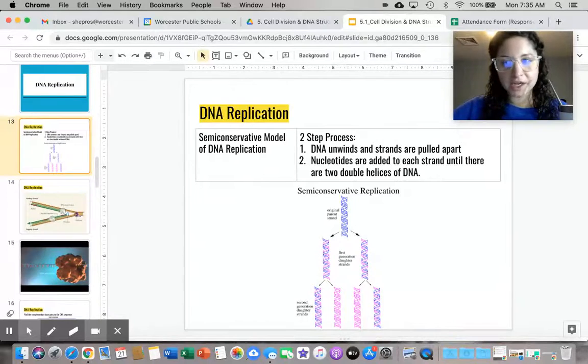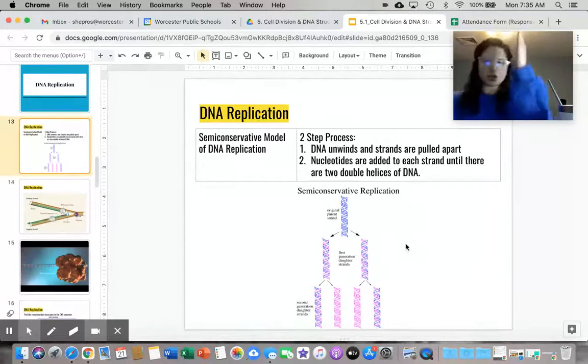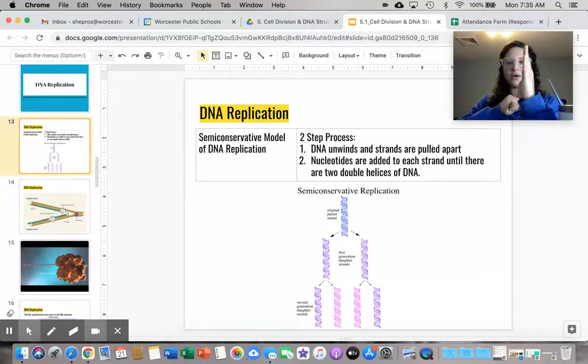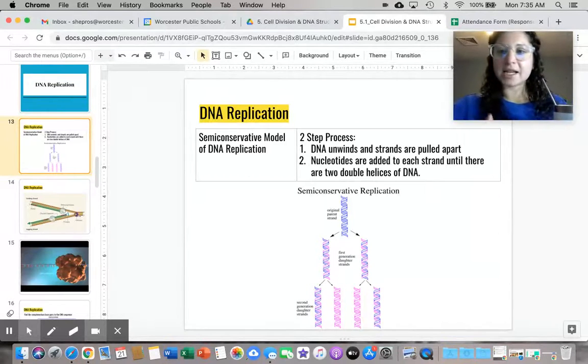We are going to see some videos on this if this is a little hard to visualize in your head, but basically on your DNA strand right here, if it goes A, T, C, you know that the complementary strand over here, if it goes A, it's going to pair with T on the complementary strand, T is going to pair with A, and C is going to pair with G. And that's how we're able to create that second strand to create 2 double-stranded DNAs. That's what you're seeing right here.